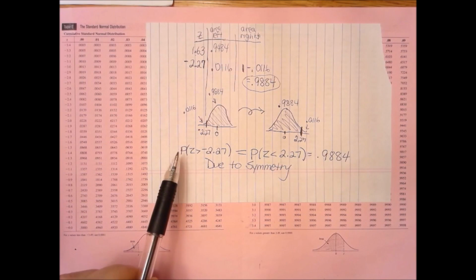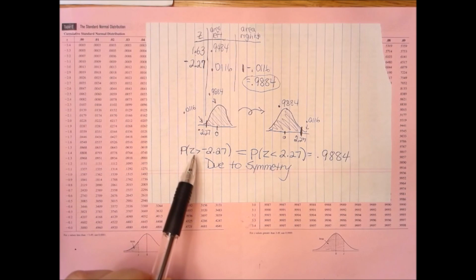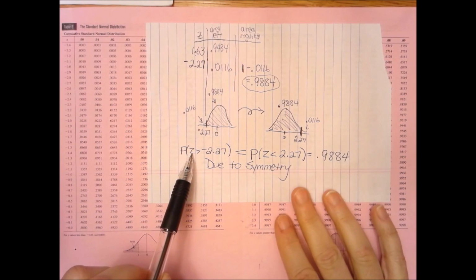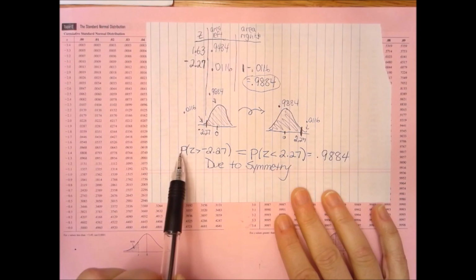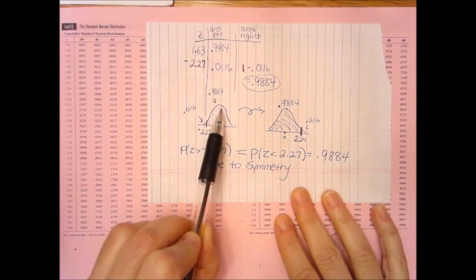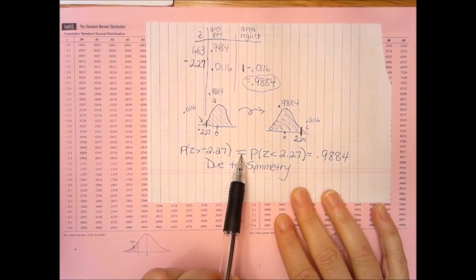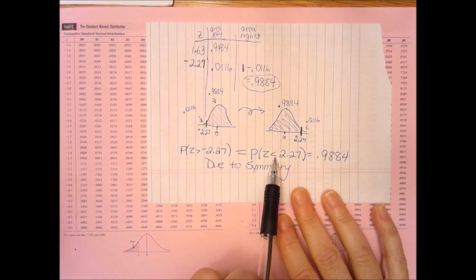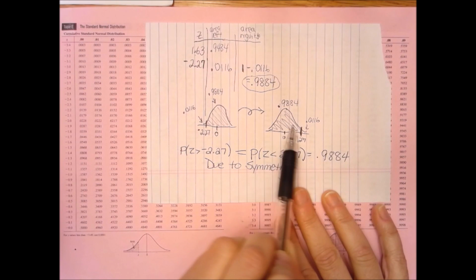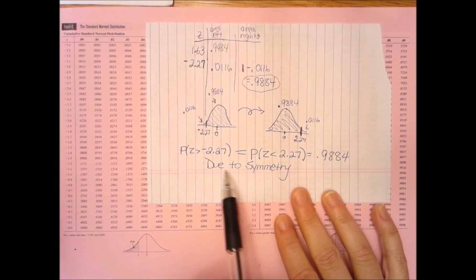Just taking a look at what I just did: the region Z greater than negative 2.27 is here. The probability of that occurring is the area under the curve. That's equivalent to the probability that Z is less than positive 2.27, to the left, due to symmetry.